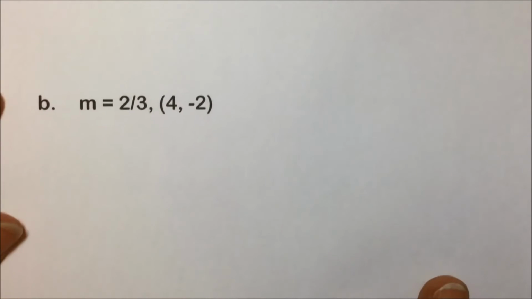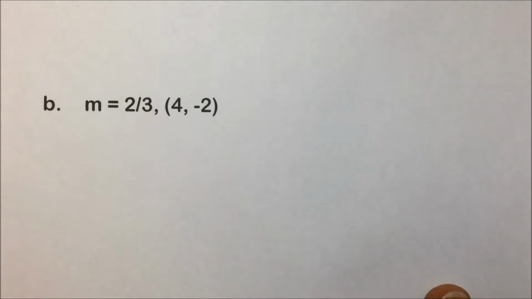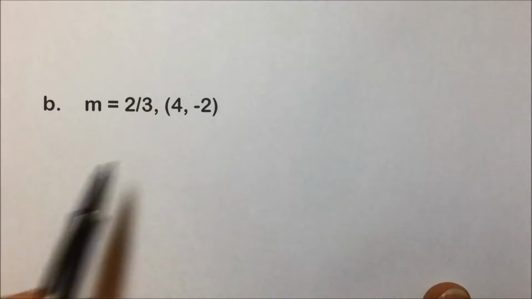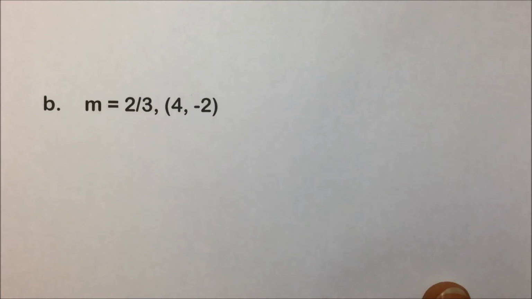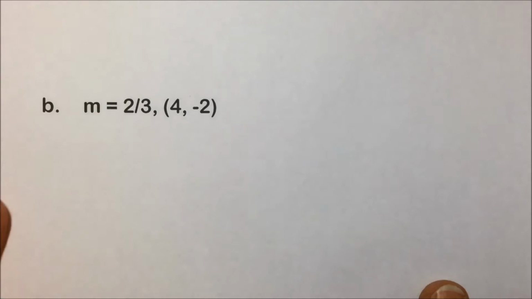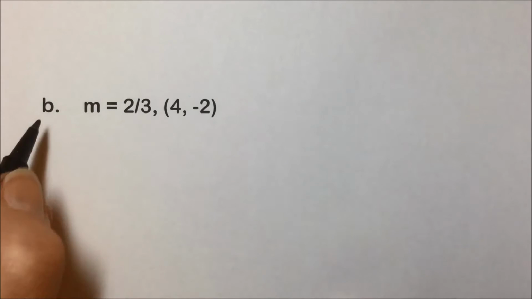Should they give us a little more generic information, and by generic I mean just any old point, if we know the slope of a line and any run-of-the-mill point, we can find the equation of the line by using the point-slope form.